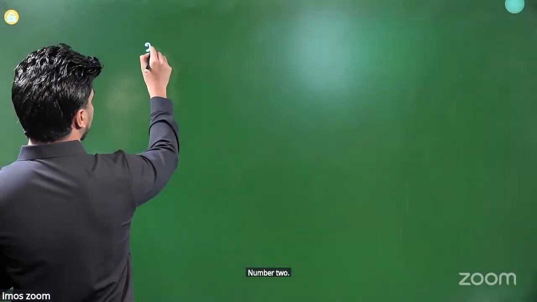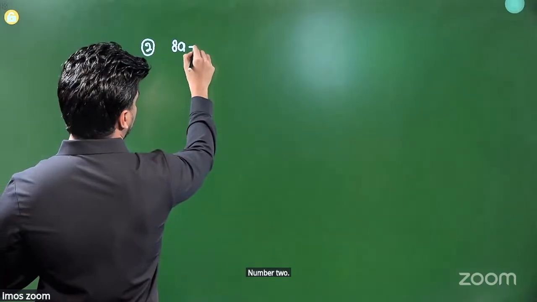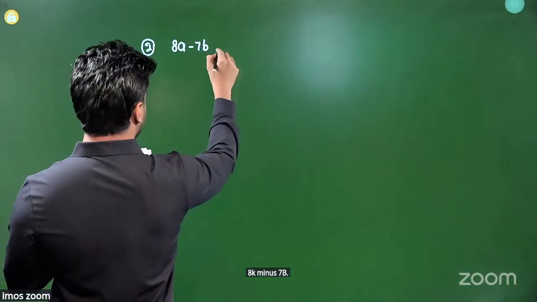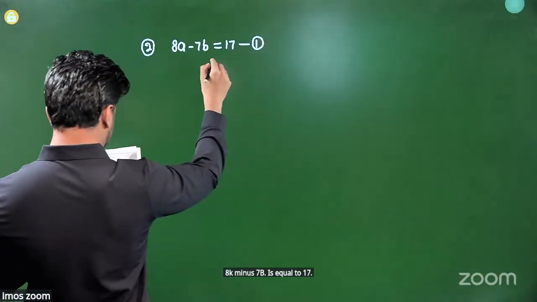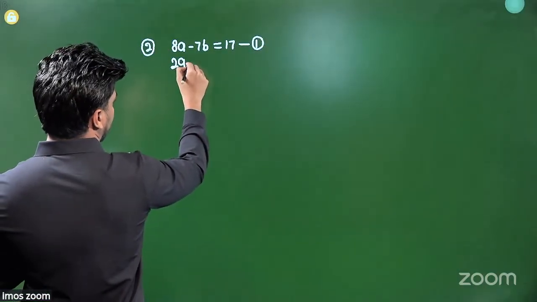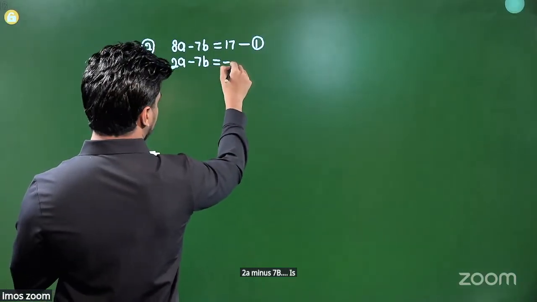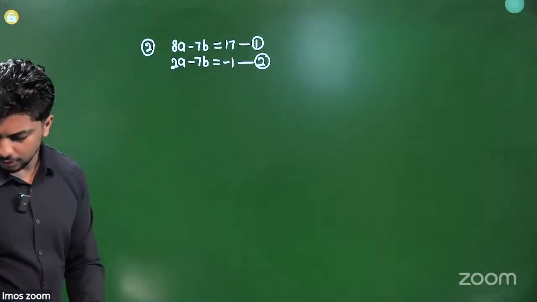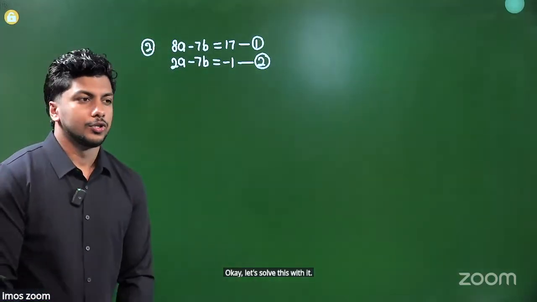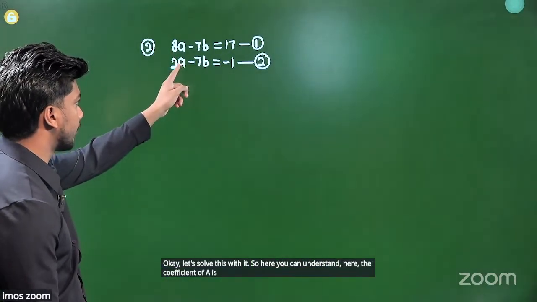Number 2. 8a minus 7b is equal to 17. 2a minus 7b is equal to minus 1. Okay, let's solve this. Here the coefficient of a is 8 and 2.